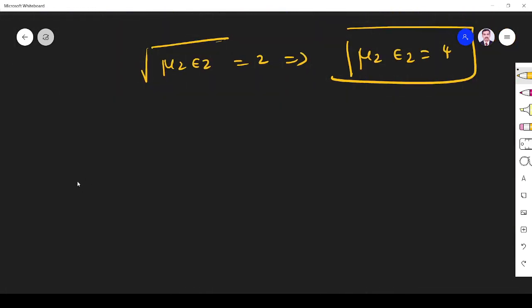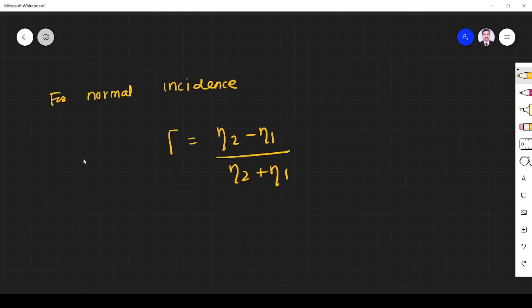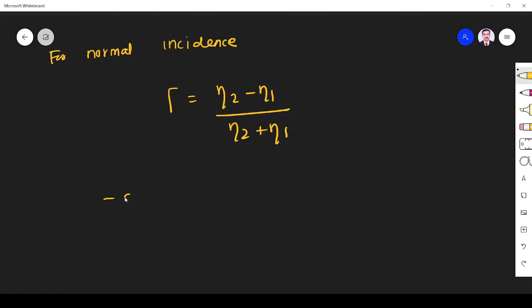For normal incidence, we know reflection coefficient is given by eta 2 minus eta 1 divided by eta 2 plus eta 1. The wave sets up a standing wave with reflection coefficient minus 0.125 as per the problem.